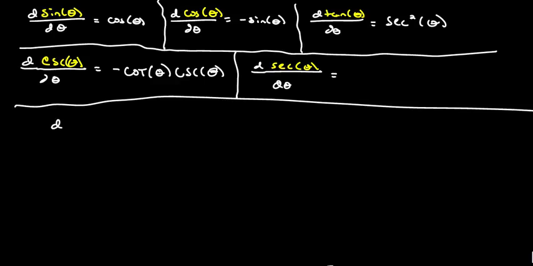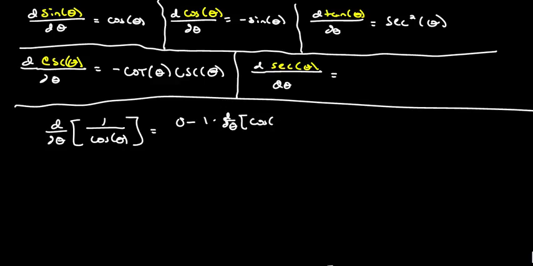So what we really want is d d theta of 1 over cosine. So that's going to be the derivative of the top times the bottom, which is 0, minus the top times the derivative of the bottom, over the bottom squared.